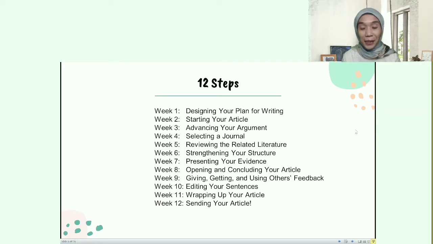Even after sending the article, we'll receive feedback from the reviewers, and again we need to work on revision and editing. But once again, I see these as practical steps in writing the article.